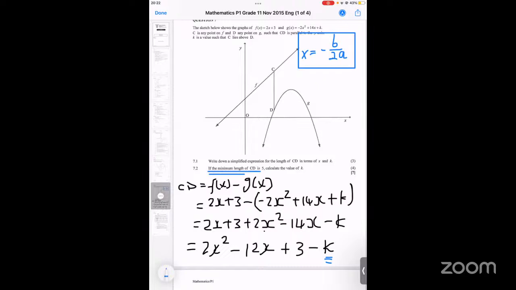So you might find yourself using g of x to substitute there to find the value of x, and only after that can you go ahead and calculate for k. I've given you enough hint there.